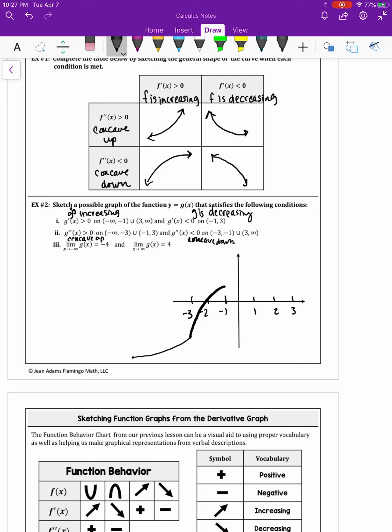From negative 1 to 3, we have concave up again, and it's decreasing. Concave up and decreasing. And then from 3 to infinity, we have concave down, but increasing.